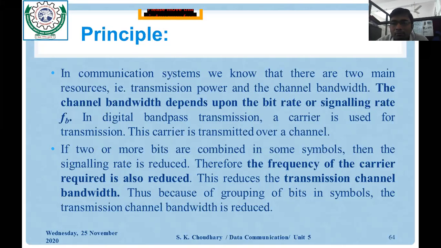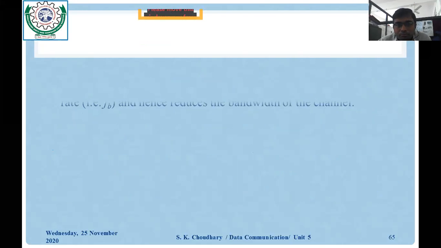This is one benefit of combining bits in a particular symbol. Because of grouping of bits in symbols, the transmission channel bandwidth is either reduced or unaffected. Your data rate would be increased, but your bandwidth would be reduced.